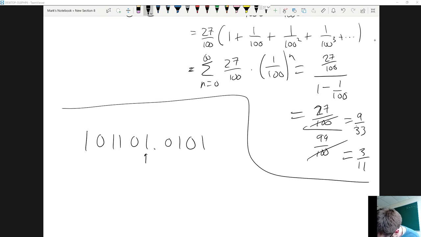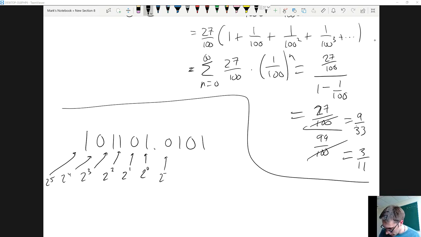So we can think of this as the 2 to the 0th place. This is the 2 to the 1's place. This is the 2 to the 2nd place. This is 2 to the 3rd, 2 to the 4th, and 2 to the 5th. And on the other side, we have the 2 to the -1 place, the 2 to the -2 place, and so on.